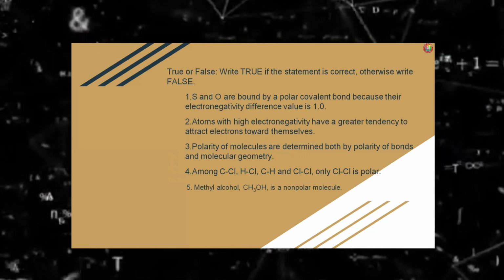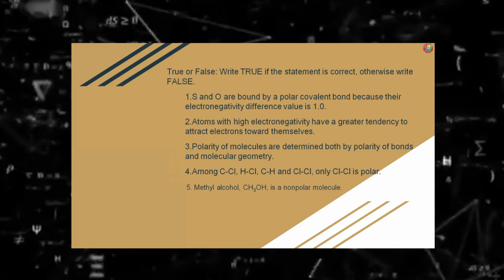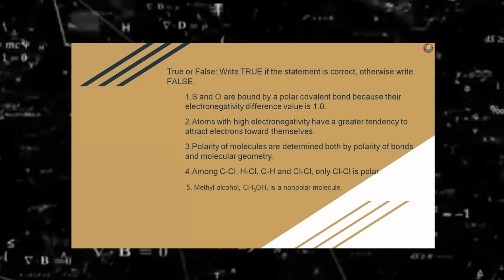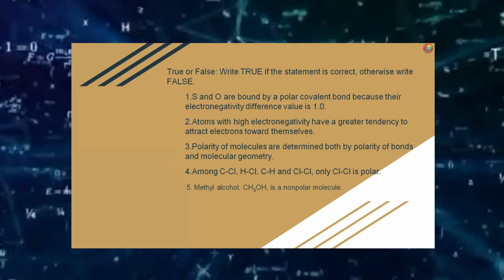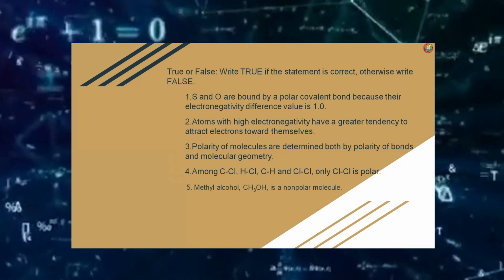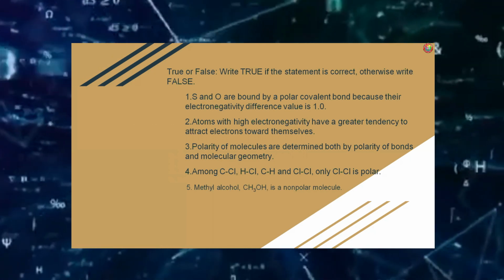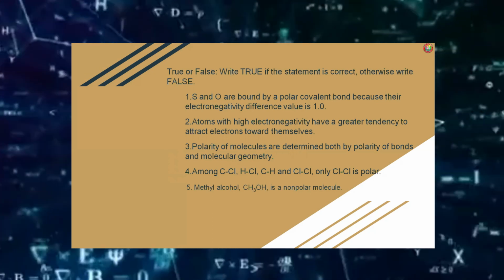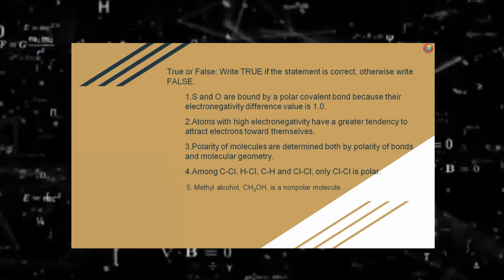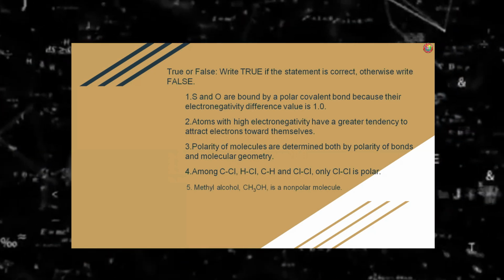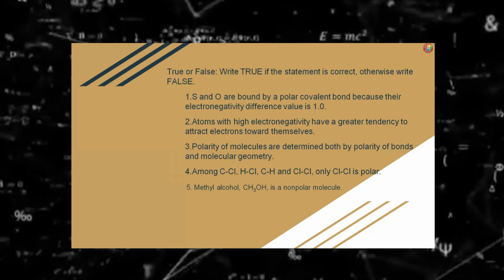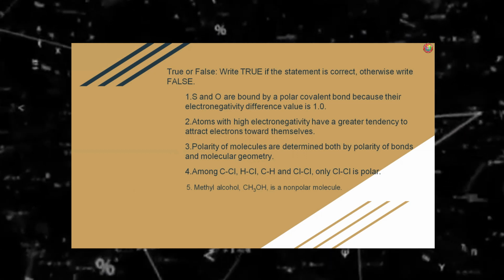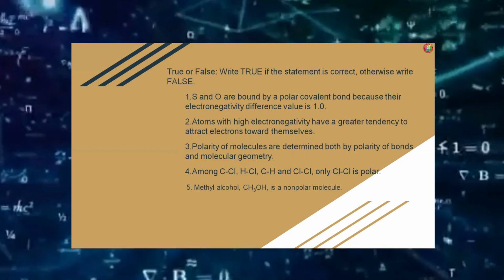2. Atoms with high electronegativity have a greater tendency to attract electrons towards themselves. 3. Polarity of molecules is determined both by polarity of bonds and molecular geometry. 4. Among C-Cl, H-Cl, C-H, and Cl-Cl, only Cl-Cl is polar. 5.